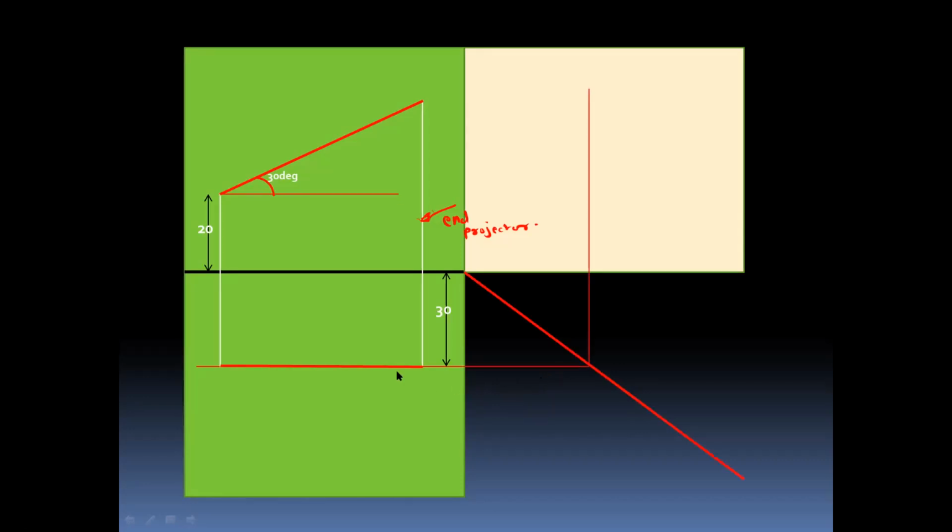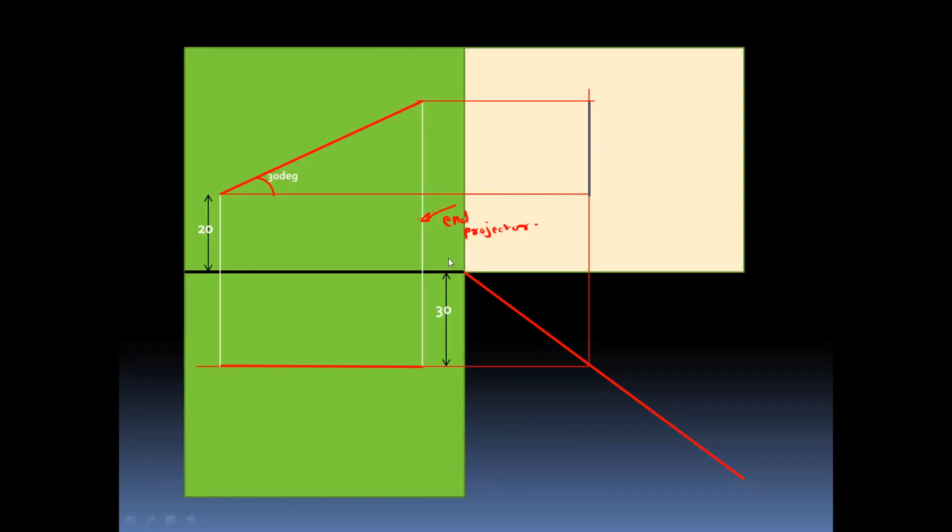First take the projection from the top view on the 45-degree line, then extend that line on the profile plane, and now take the projection from the front view. These intersecting points will give the side view. So this is how you can prepare the front view, top view, and side view.